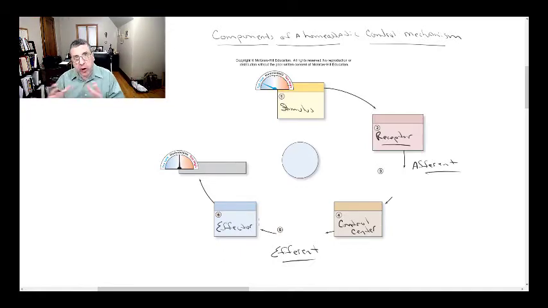So again, if we're talking about body temperature, the receptor is the nerve endings that are recording temperature. It goes to the hypothalamus and it says it's cold, it's hot, whatever that situation is. So if it's cold, the control center then sends a signal to the skeletal muscles, okay?